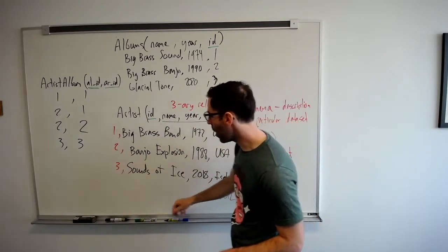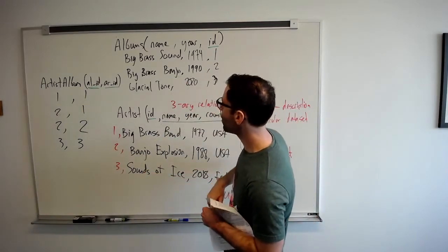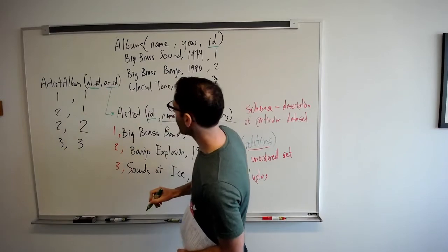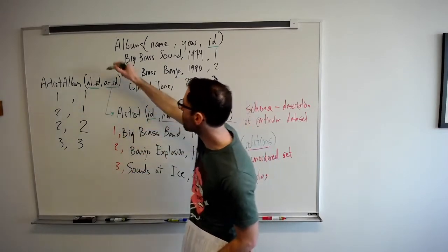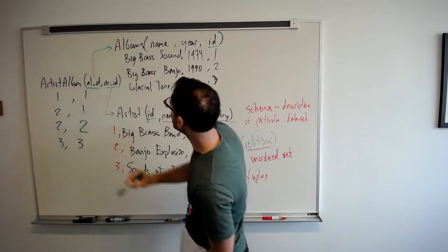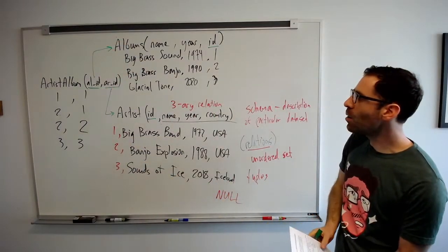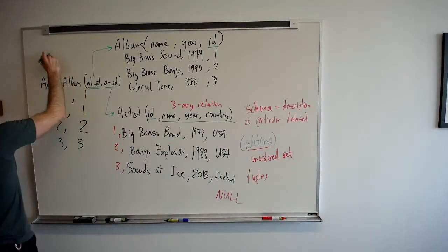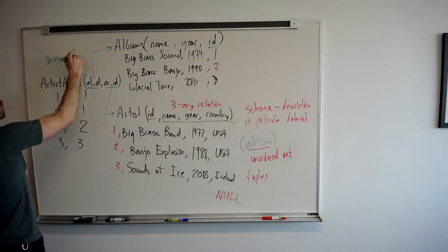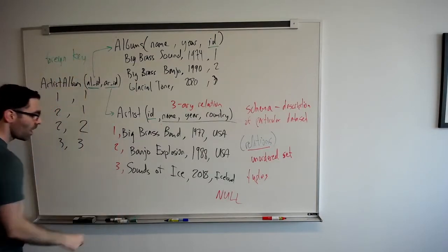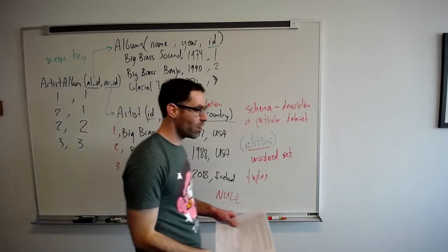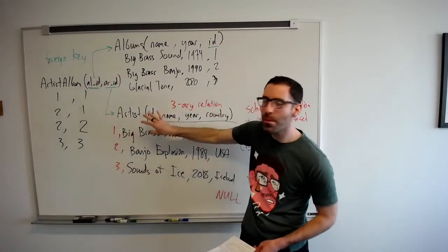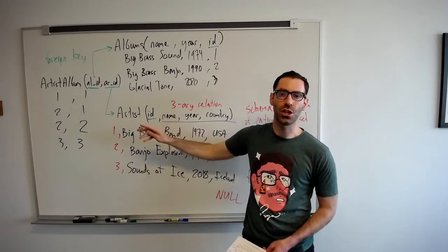The other important thing going on here is that this artist ID refers to a tuple in the artist relation, and the album ID refers to something in the albums relation, and this is what is called a foreign key relationship in our database, in that some attribute in this relation is actually the primary key of another relation.